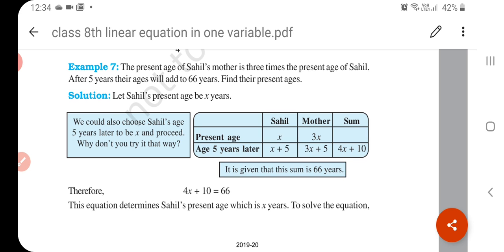If we talk about three consecutive numbers, we take x, x plus 1 and x plus 2, or you can take x minus 1, x and x plus 1, for easy calculation. For three consecutive even or odd numbers, you can take x, x plus 2 and x plus 4, or x minus 2, x and x plus 2. Understand? Okay, a few more problems and then we are done.